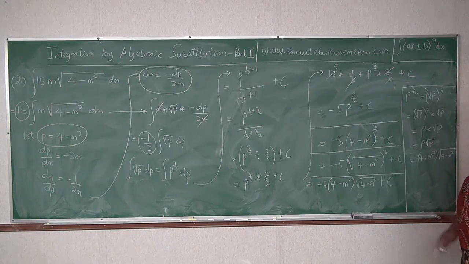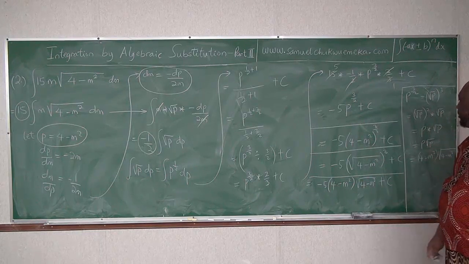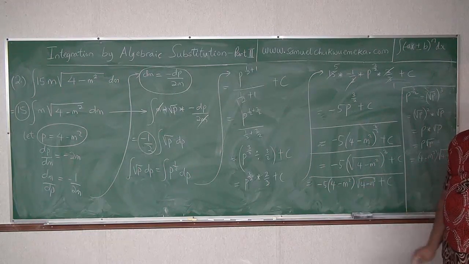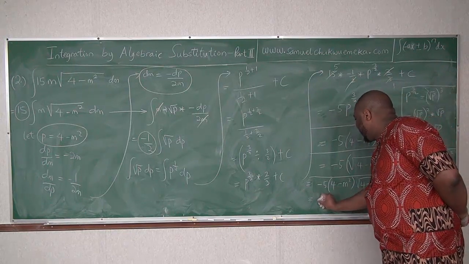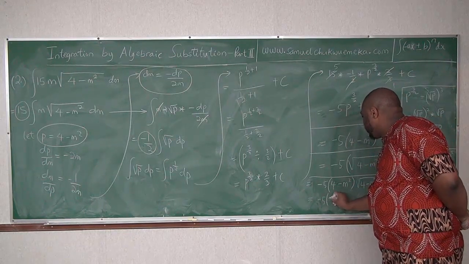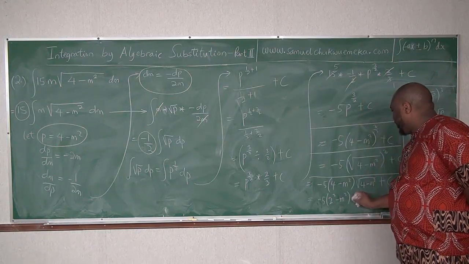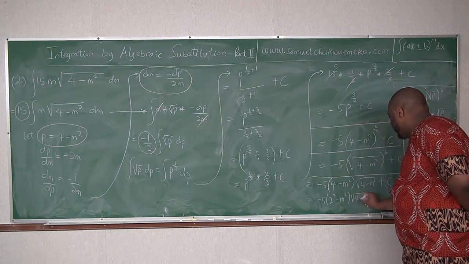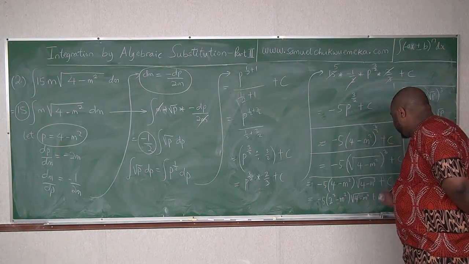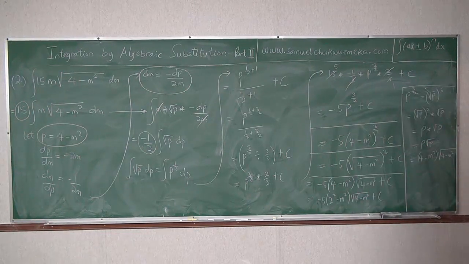And you can leave it like this. Actually, I don't really like this because you can still simplify it. So this is negative 5, 2 squared minus m squared, times square root of 4 minus m squared plus c. And then we use difference of two squares.